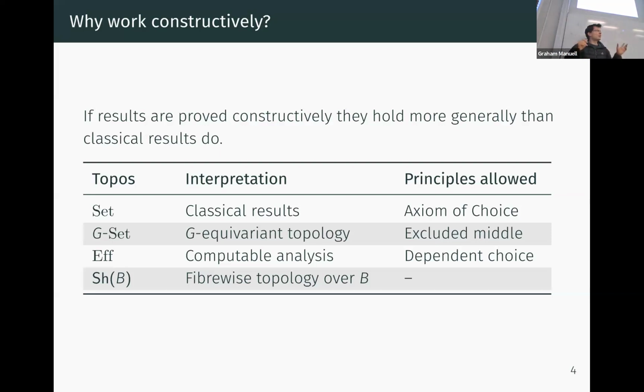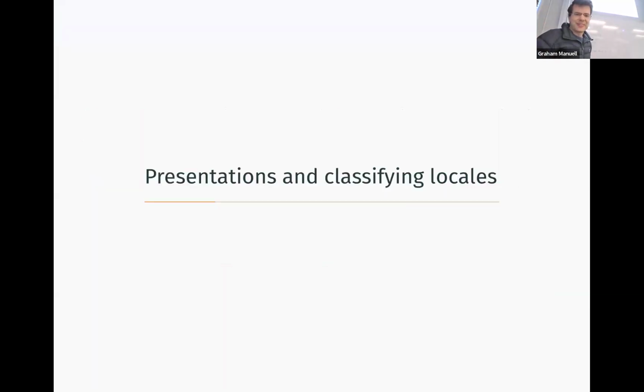Good results tend to be true constructively, at least if you formulate them in the correct way, with locales and things. The extra constraints you have by trying to prove them constructively usually rule out all of these bad ways you could go about trying to prove it that aren't actually going to work. And I guess your mileage may vary, but that's what I find to be true.